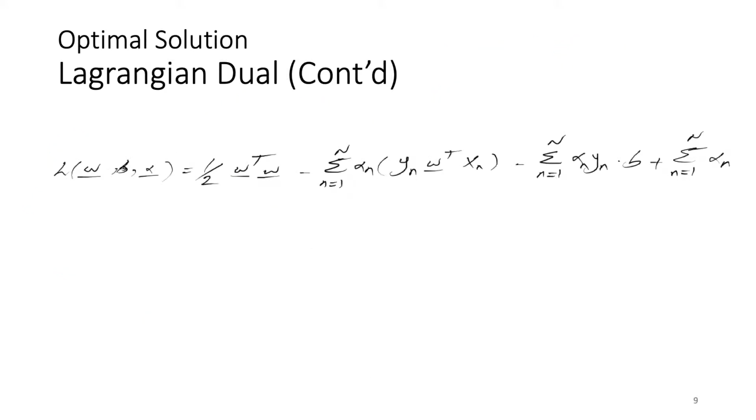All right, so we had this previously, right? We had this long form of the Lagrangian, 1/2 w transpose w minus this.